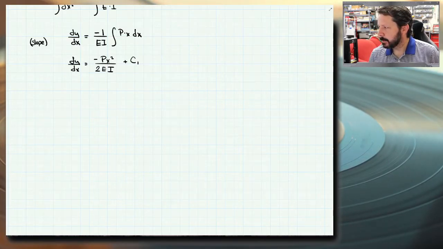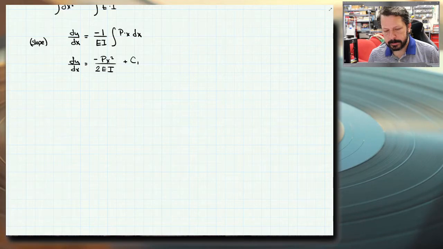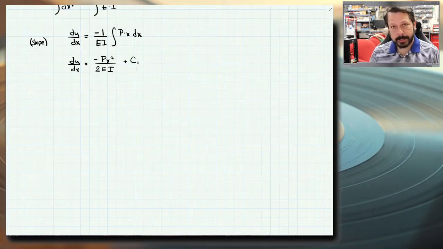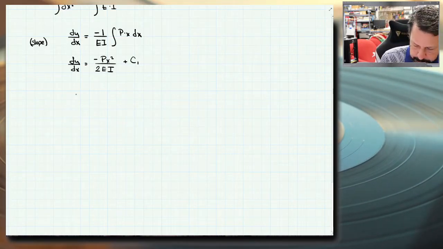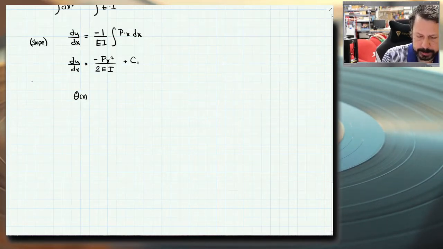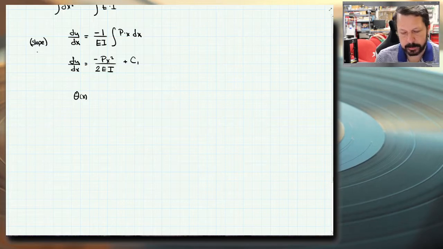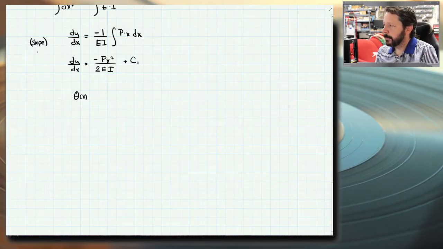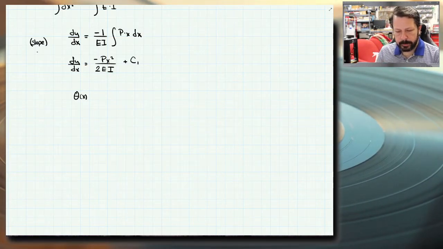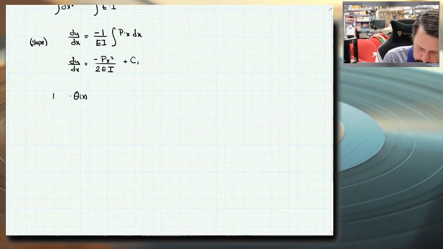I think I want to rename dy dx. So that's theta of x. So dy dx equals theta, the slope. Let's move the EI over, so we can put EI here.